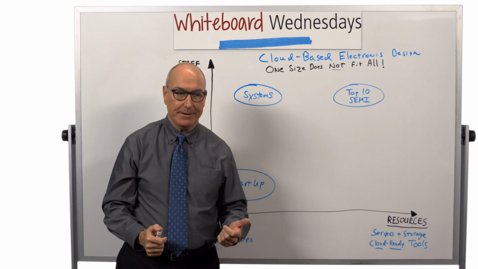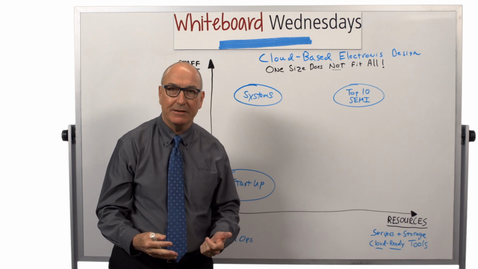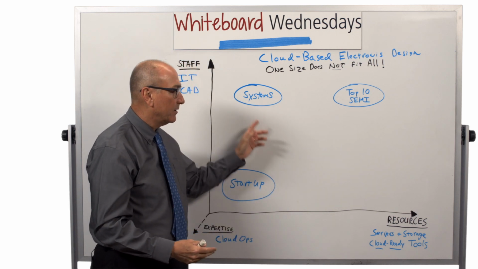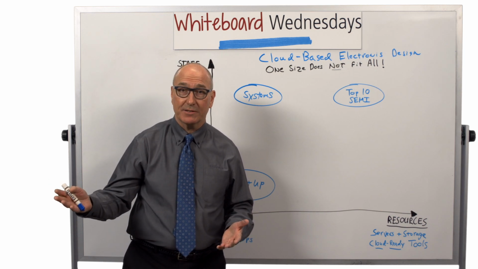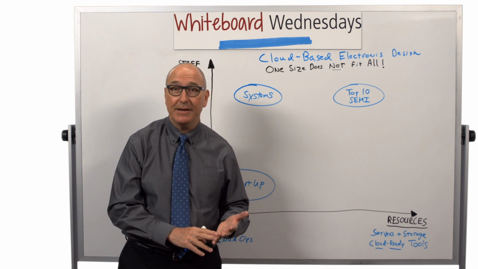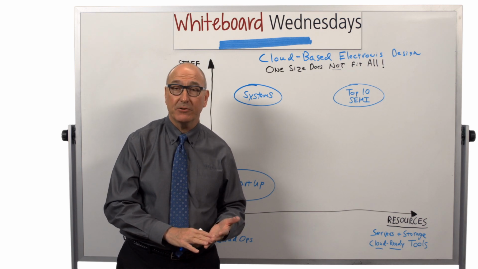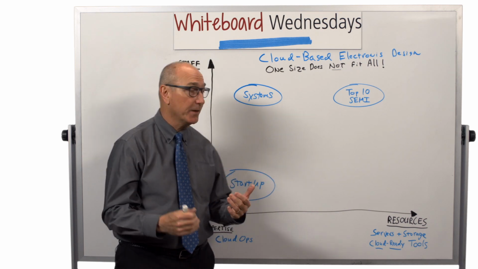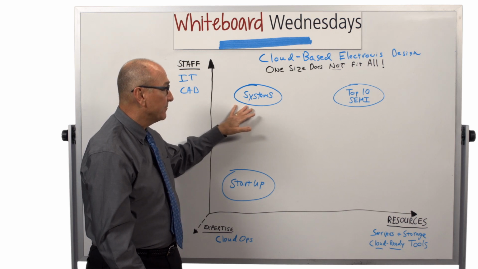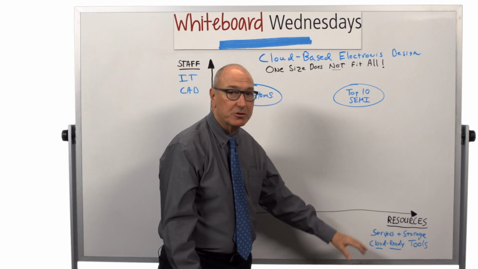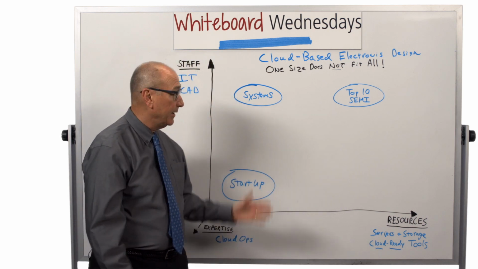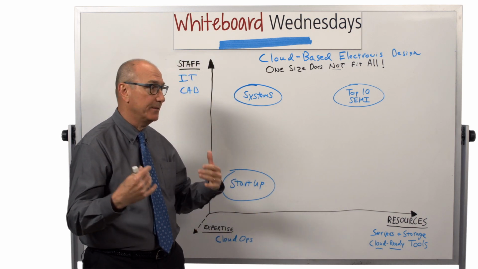They understand all the product engineering aspects, but they're probably not real advanced in electronics design because they've always outsourced that. But now with ADAS systems, with advanced infotainment, they have to bring that internal. So the need that these folks have is to rapidly ramp up an infrastructure for electronic design, and to do that in the cloud.